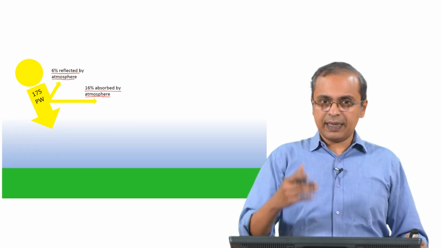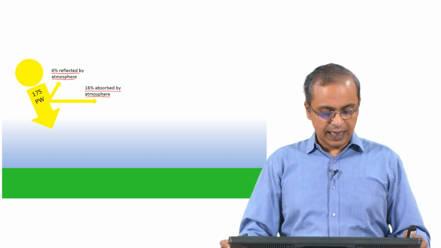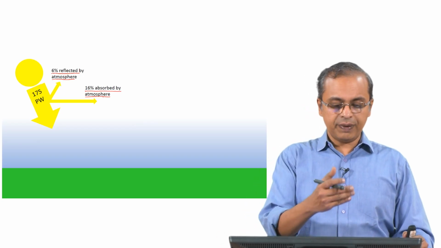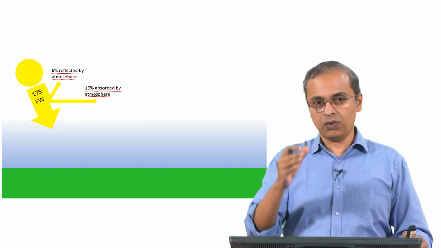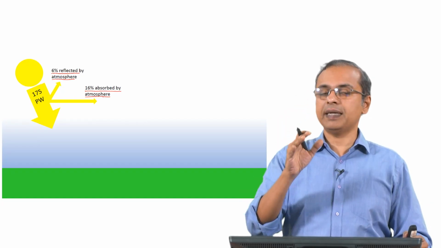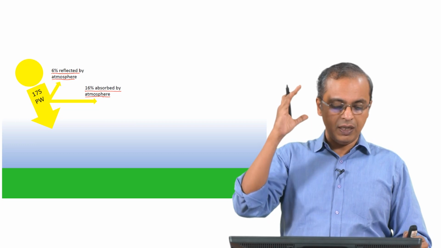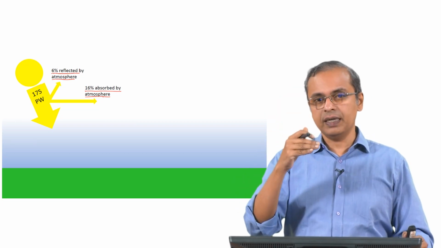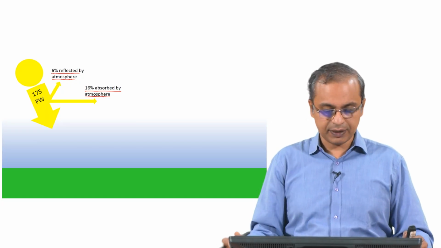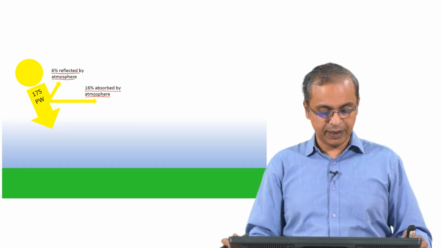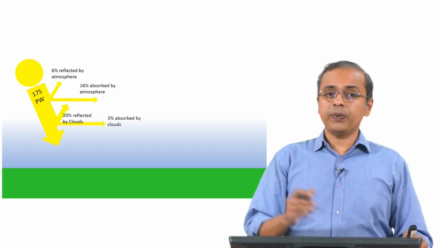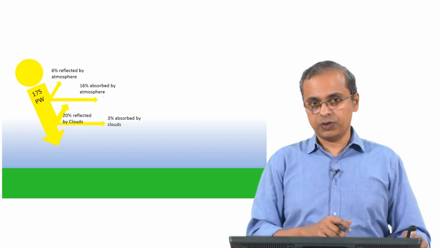If you take this a step further and try to see what is happening after these two processes have happened, you have removed 6 plus 16, 22% of what was coming in. So, you have 78% remaining, 78% of the 175 petawatts that started out at the outer reaches of our atmosphere is still remaining now. Out of that 78%, a further 20% is being reflected by clouds.